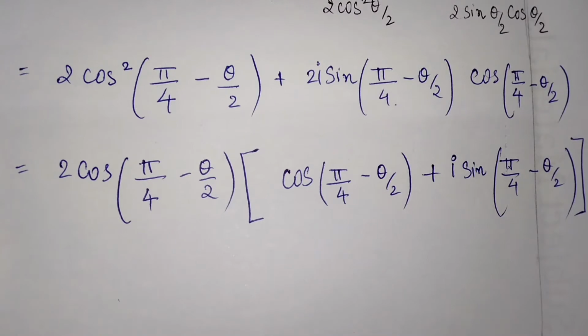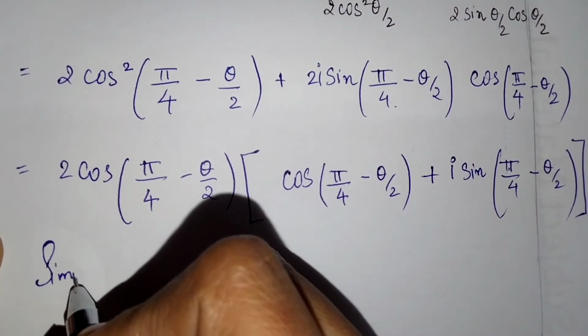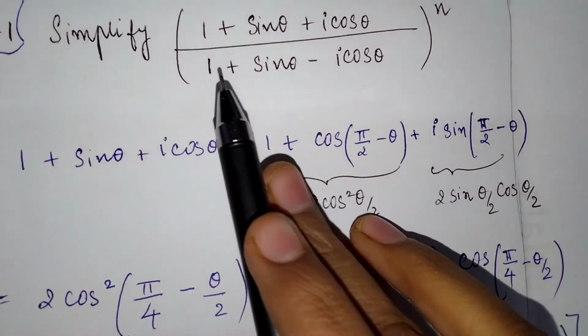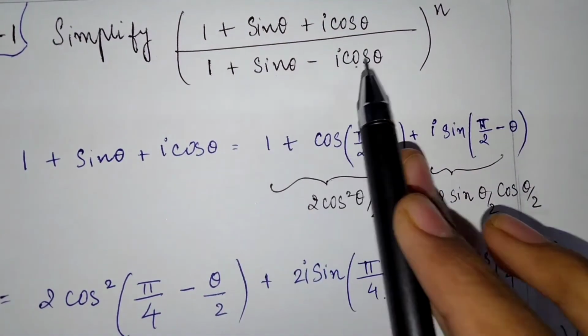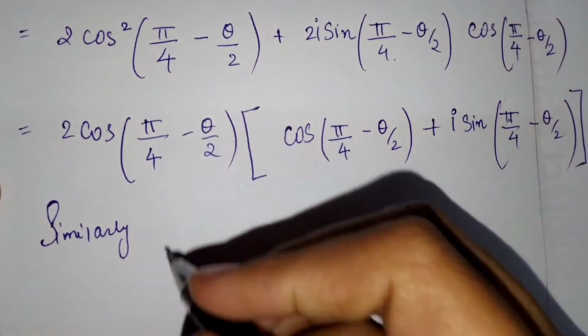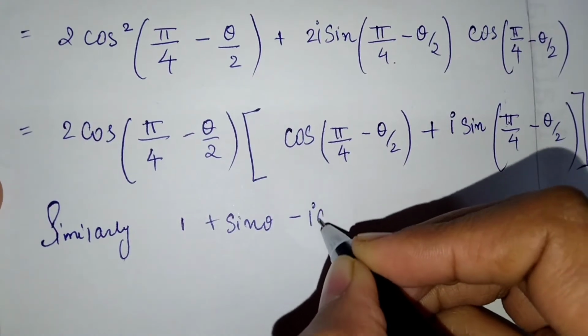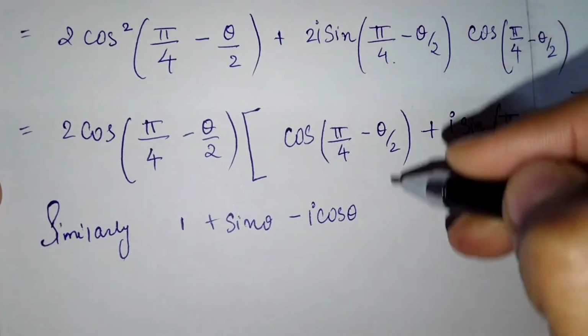Now similarly for the denominator part. What is our denominator part? 1 + sin theta - i cos theta. Now no need to solve it again.